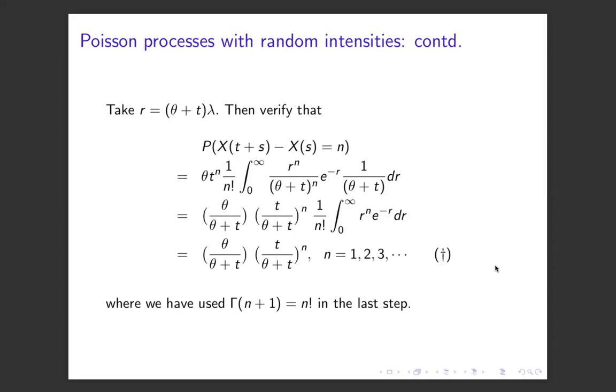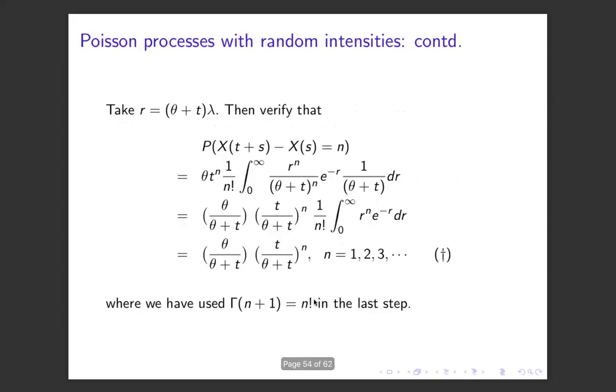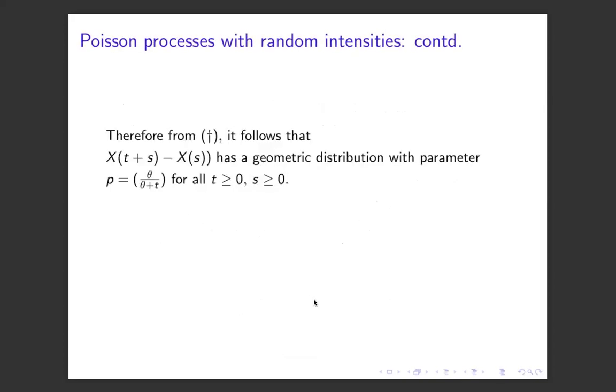And n equal to 0 also follows that pattern. So it is clear now that X_{t+s} minus X_s has a geometric distribution with parameter p equal to theta divided by theta plus t, for all t and s greater than or equal to 0.